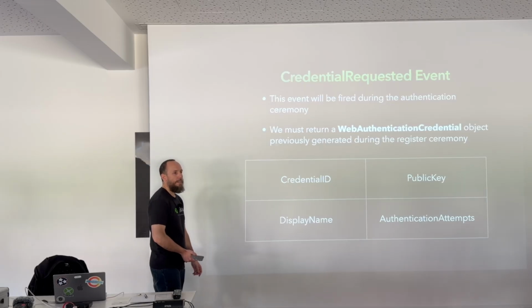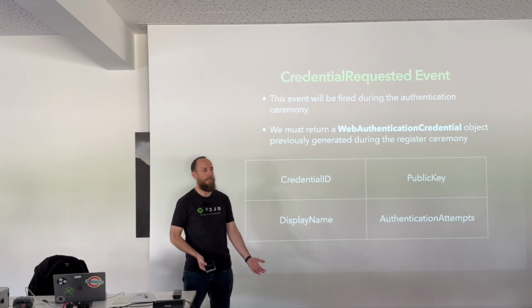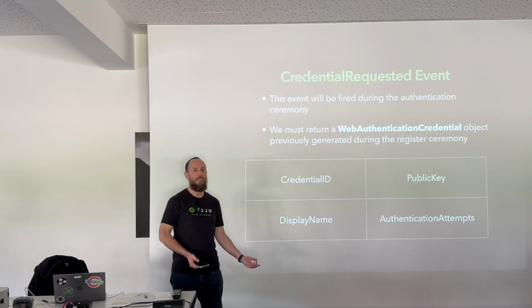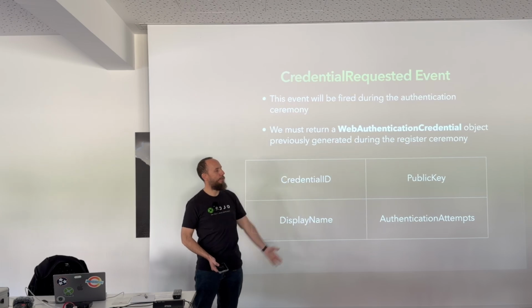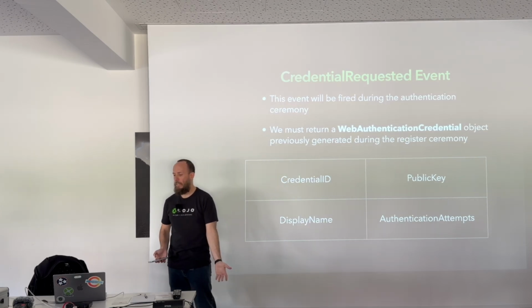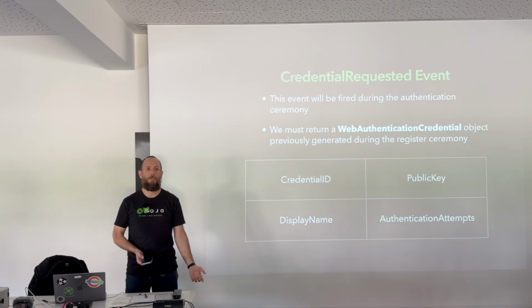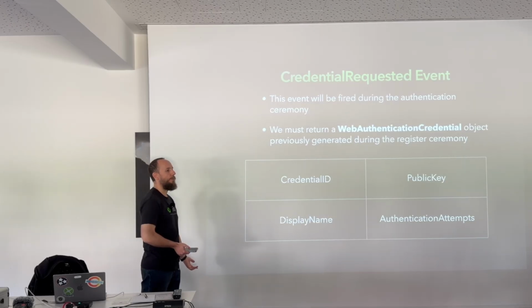Now, when we create a new passkey, we will receive the registration succeeded event, and we will receive a web authentication credential object, and that's the only thing that we will have to store into the database.